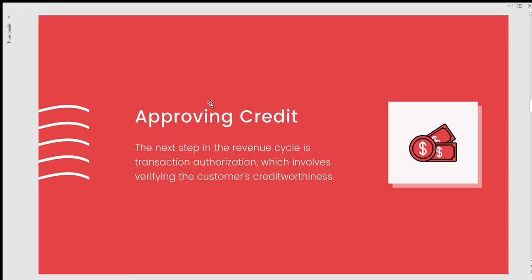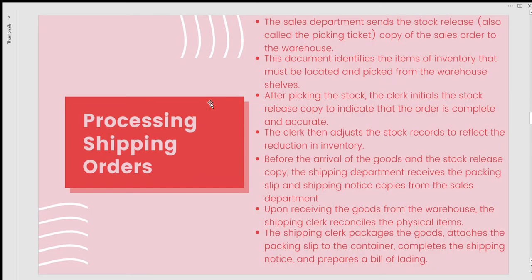Okay. Now, next slide. Let's now go to processing shipping orders. So the sales department sends the stock release, also called the picking ticket, copy of the sales order to the warehouse. So, di ba I mentioned kanina na after approval, marirelease na yung different copies ng sales order sa iba't ibang department.